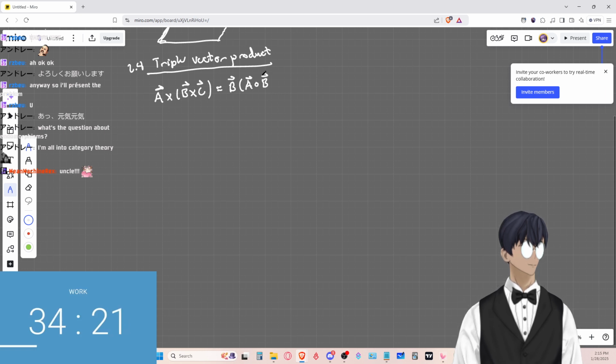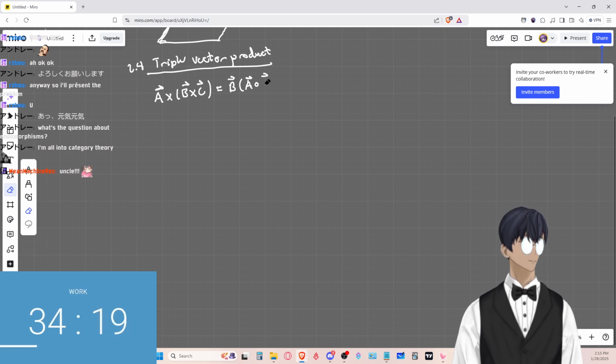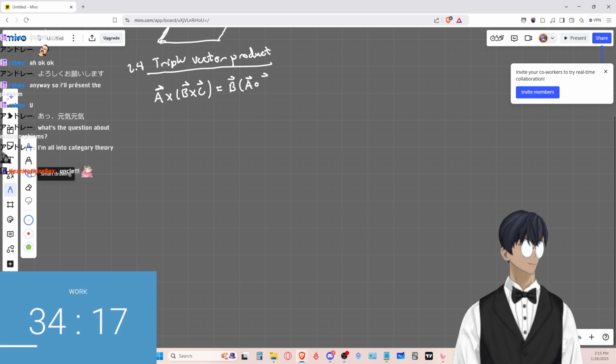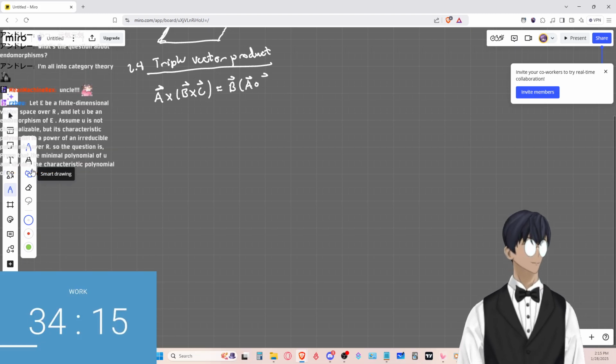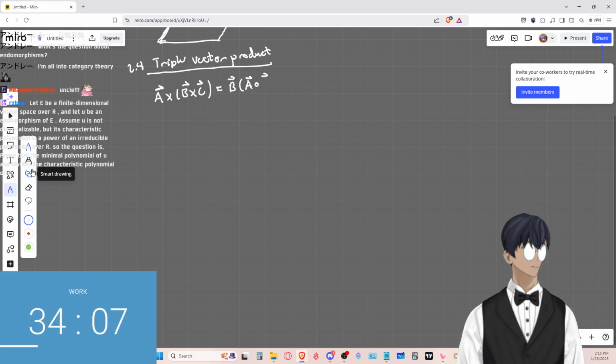Oh no, that's not right. Oh, interesting. Let E be a finite dimensional vector space over R. I sort of know what a vector space is.